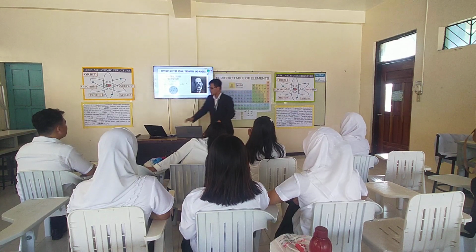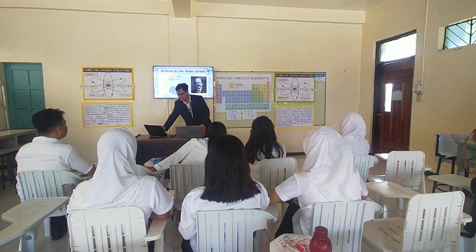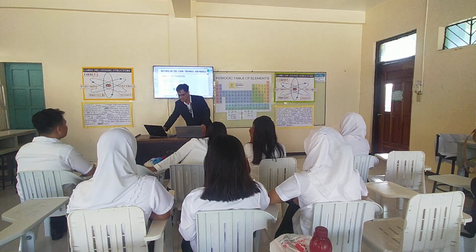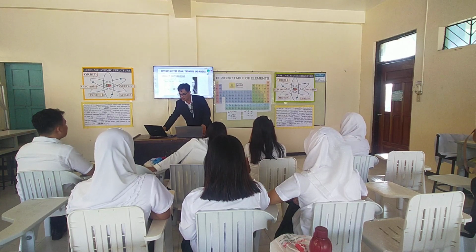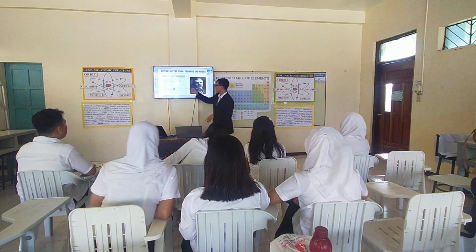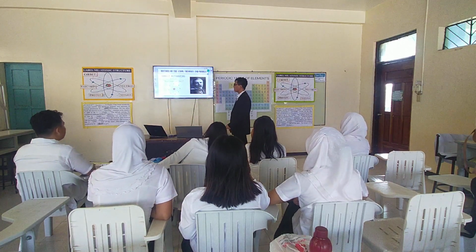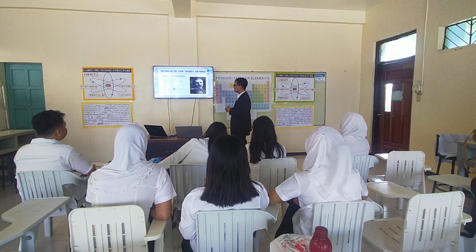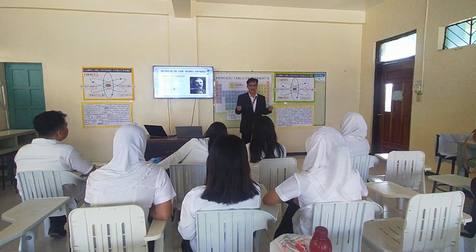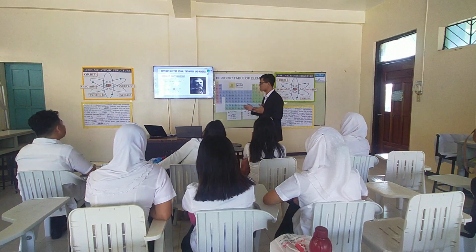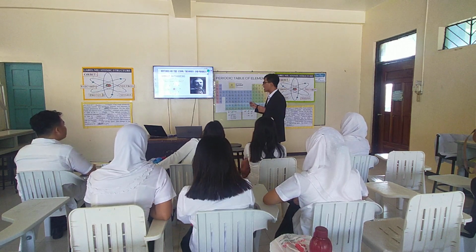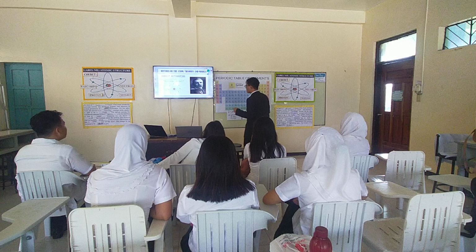This time, let's proceed to the next atomic model. This was the third model. In 1911, it was proposed by Ernest Rutherford, the nuclear atomic model, wherein he described the atom as having a tiny, dense, and positively charged core called the nucleus.